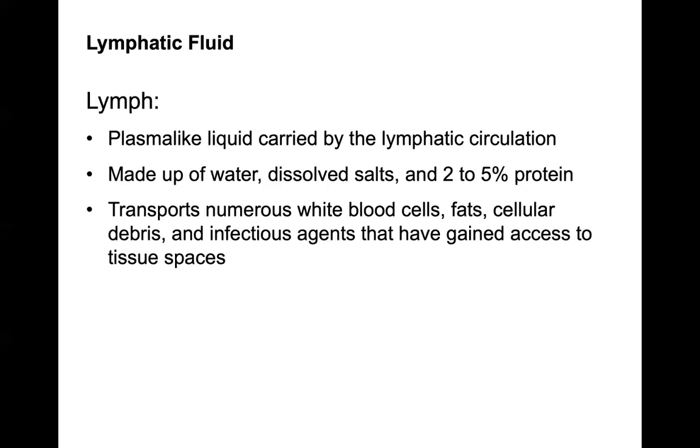Now, lymph is a plasma-like fluid that is carried by the lymphatic circulation. It is made up of water, dissolved salts, and 2 to 5% protein. It transports numerous white blood cells, fats, cellular debris, and infectious agents that have gained access to tissue spaces.